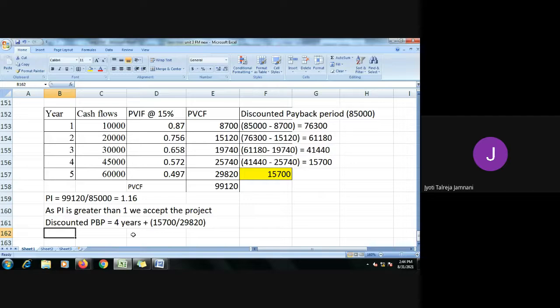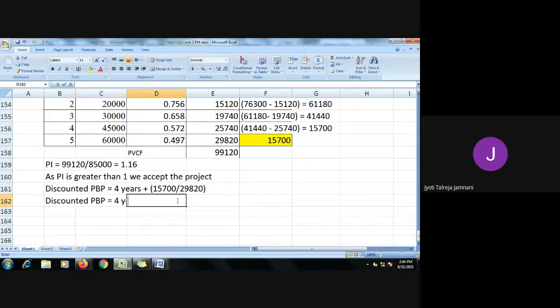So here discounted payback period will be equal to 4 years plus 15,700 divided by 29,820, you get 0.526. So it is 4 plus 0.526.